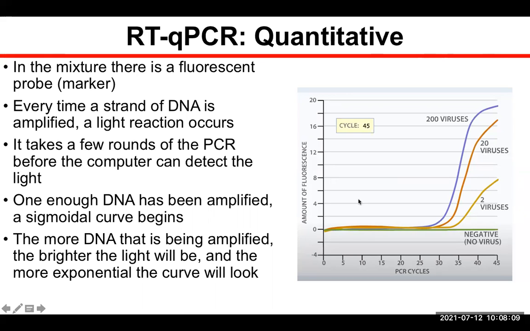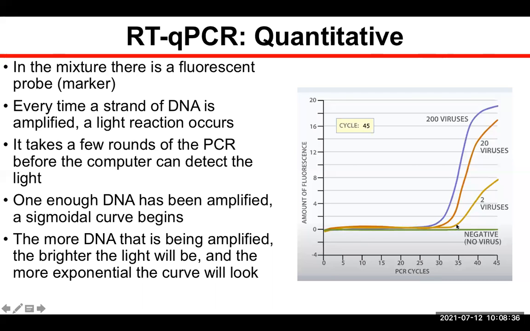And so basically the computer has a specific threshold before it starts to register things as positive or if things are there. And so at this beginning part of this curve, we see there's replication that's occurring, but there's not enough light for the computer to actually detect the actual gene of interest.